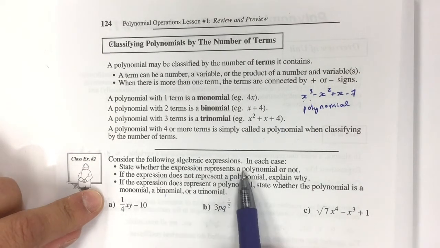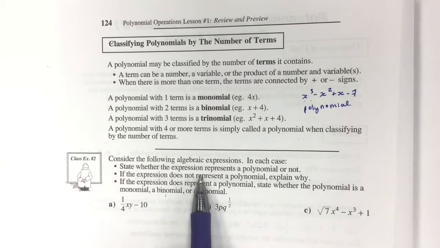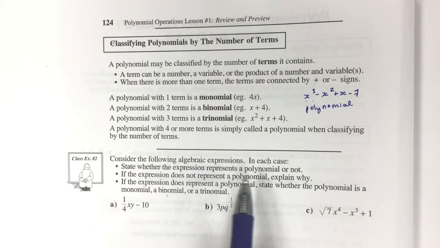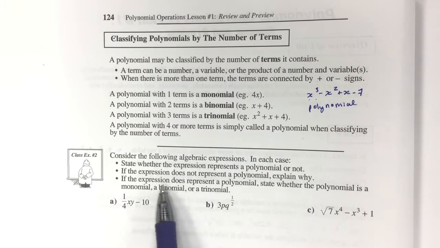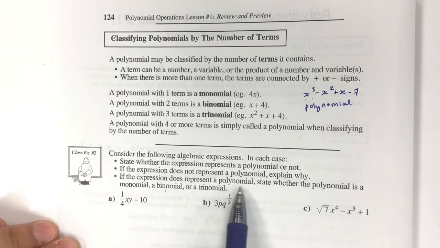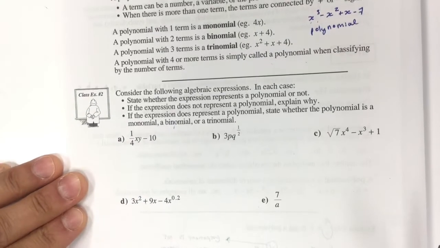Now consider the following algebraic expressions. In each case, state whether the expression represents a polynomial or not. If the expression does not represent a polynomial, explain why. If the expression does represent a polynomial, state whether the polynomial is a monomial, binomial, or trinomial. All right.